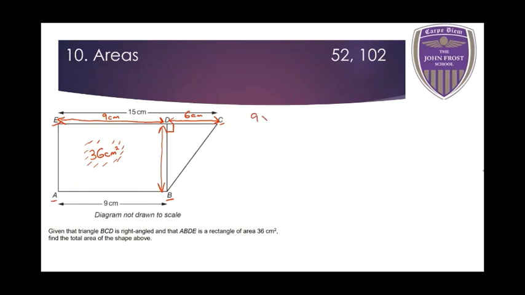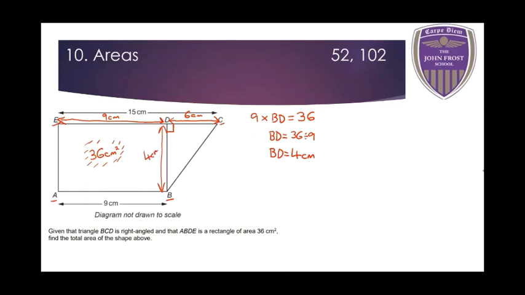So 9 times BD, which is this missing length here, is equal to 36. Okay, so 9 times something is 36. Okay, rearrange it. BD equals 36 divided by 9. Therefore, BD is equal to 4 centimeters.